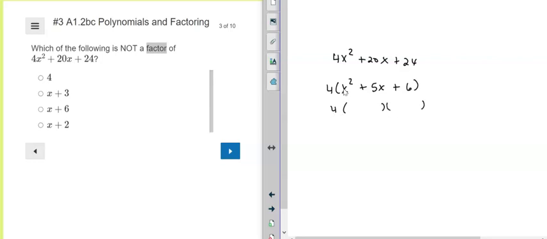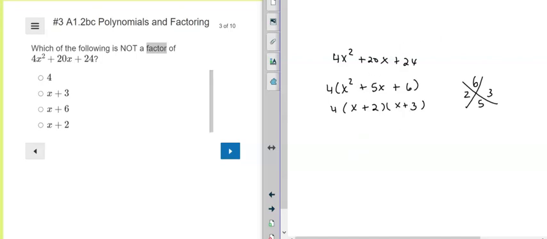And this is a simple factoring because there's not a number in front of the x inside of my parentheses. So you have x, and then you have to look for 2 numbers that multiply together to give you 6, but at the same time, they add up to 5. And those 2 numbers are 2 and 3, because 2 times 3 is 6, and 2 plus 3 is 5. So that's what my factor is going to be.